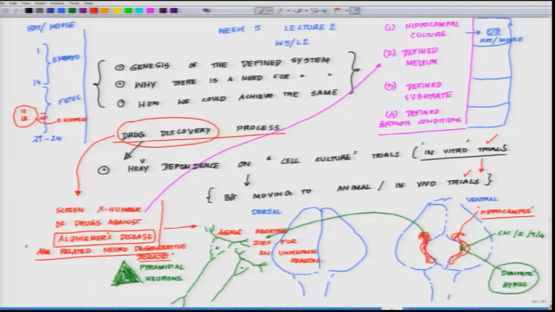So, what you do, you take the mother mice or rat, you sacrifice it. Let me go to the next slide, that will make more sense.